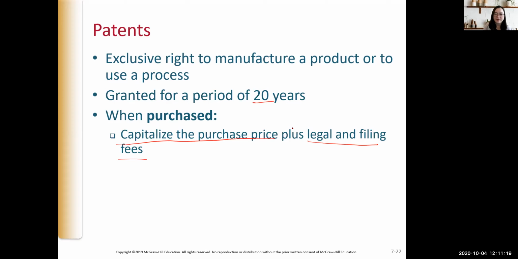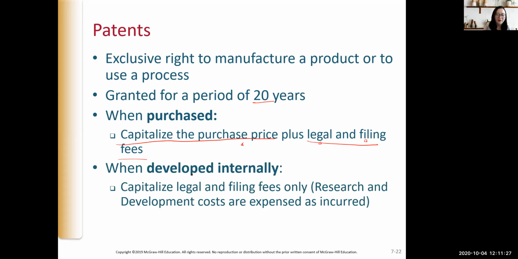So the purchase price plus anything incurred in the course of getting it ready to use. However, when you develop internally, you can only capitalize the filing fee and legal fees, okay? And the whole process of developing that patent, such as research and development costs, is expensed immediately in that period.